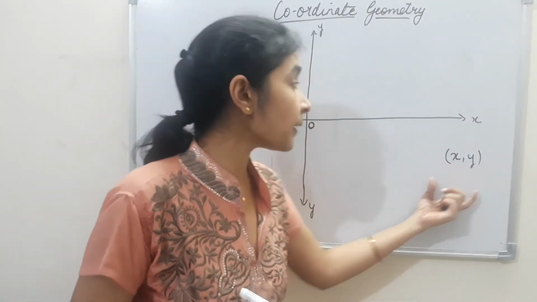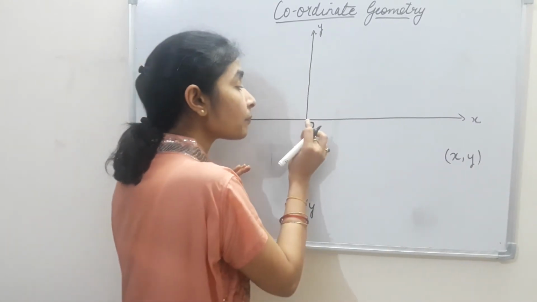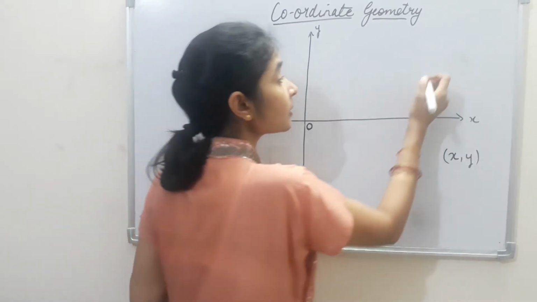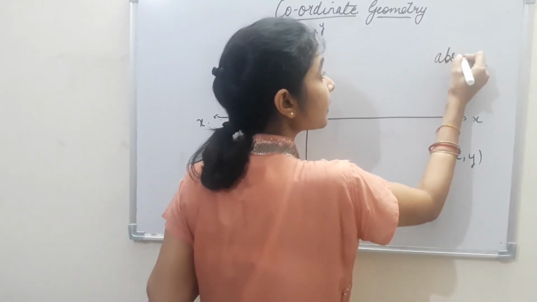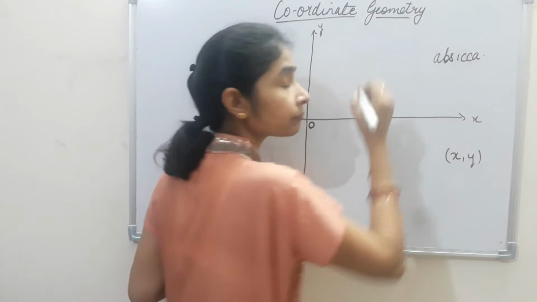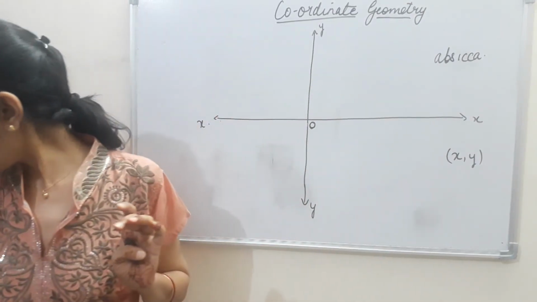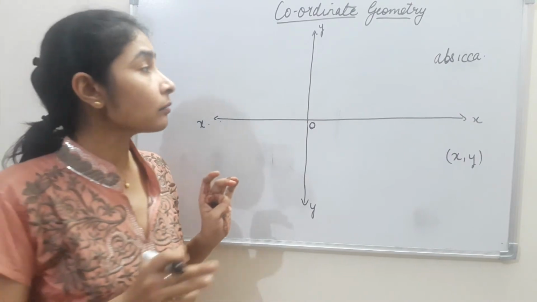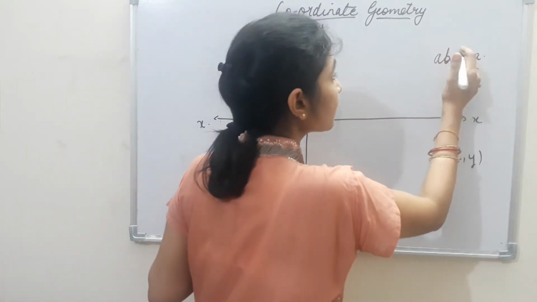In the ordered pair, the distance from the origin on the x-axis is represented by abscissa. There is a mistake in the spelling.